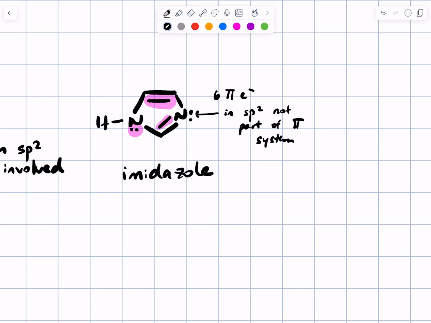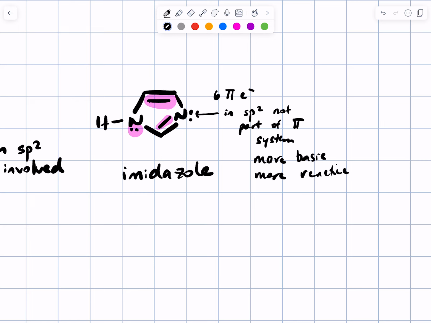So then which of the two nitrogens is more basic? The one on the left or the one on the right? The one on the right is more basic. Right, that's correct. That lone pair is not stabilized by resonance.